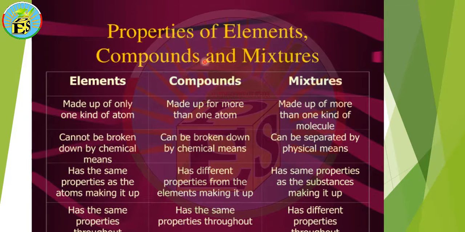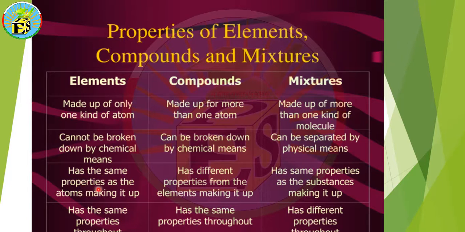Properties of elements, compounds, and mixtures. This is a table comparing elements, compounds, and mixtures. Elements are made up of only one kind of atom. Compounds are made up of more than one kind of atom. Mixtures are made up of more than one kind of molecule. Elements cannot be broken down by chemical means because they are atoms. Compounds can be broken down by chemical means, but mixtures can be separated by physical means.